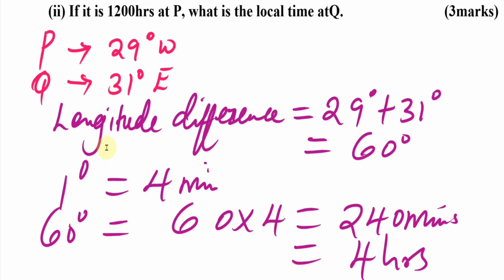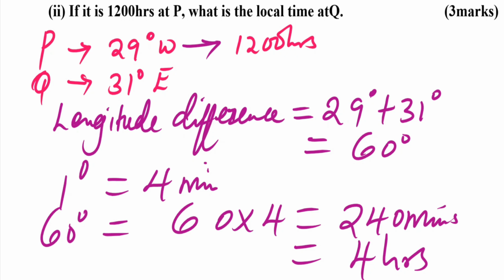So between these two longitudes, 29 degrees west and 31 degrees east, there's a difference of 4 hours. Now we need the time given at P, which is 12:00 hours. Places to the east are always ahead of time. Therefore, at Q we expect the time to be ahead by 4 hours.